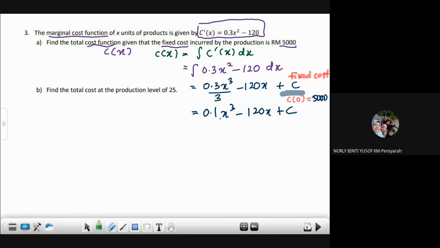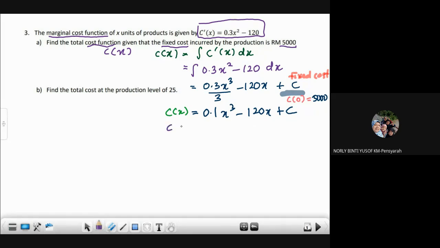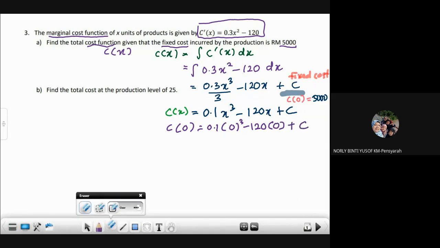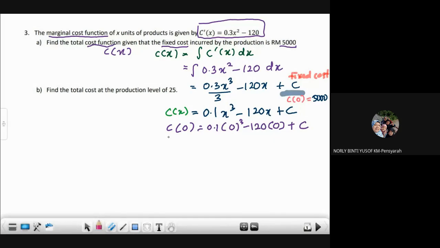For C, this is C(x). That means the function of C(x). So we need to sub the value. That means x is 0 lah kan. 0.1 times 0 minus 120 times 0 plus C. Okay, so C(0) is equals to 5,000.